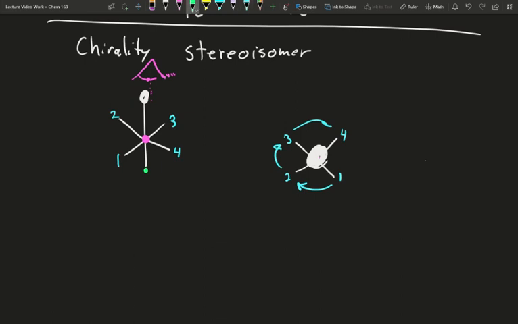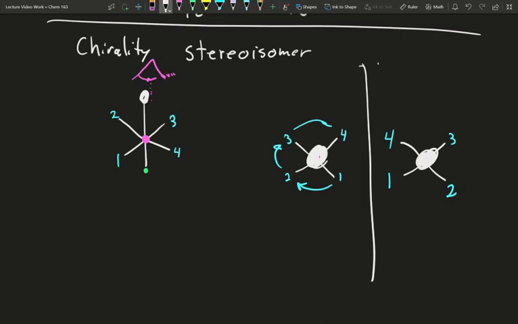Well, we could still have the same relation. We could have green down. We could have our red central transition metal. We could have the 4 things coming off of it. But if we said it was 1, 2, 3, 4, and then closest to our eye was the big white one on top. What this looks like is a mirror image.